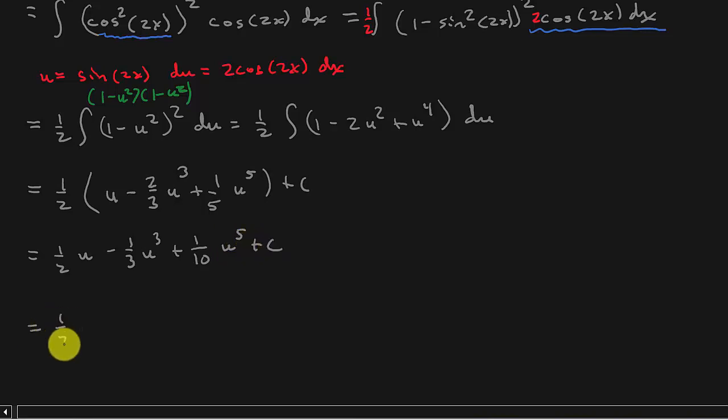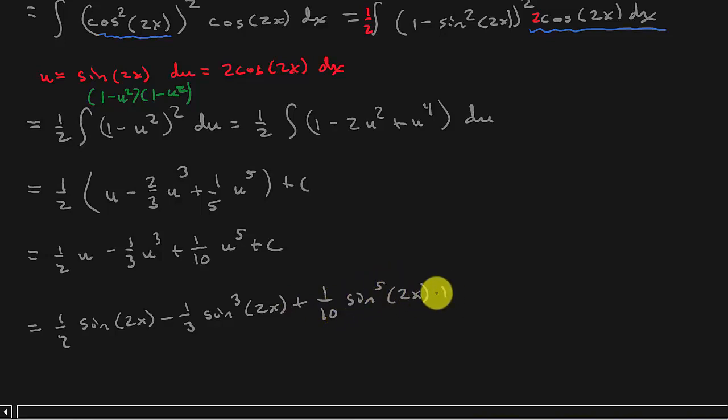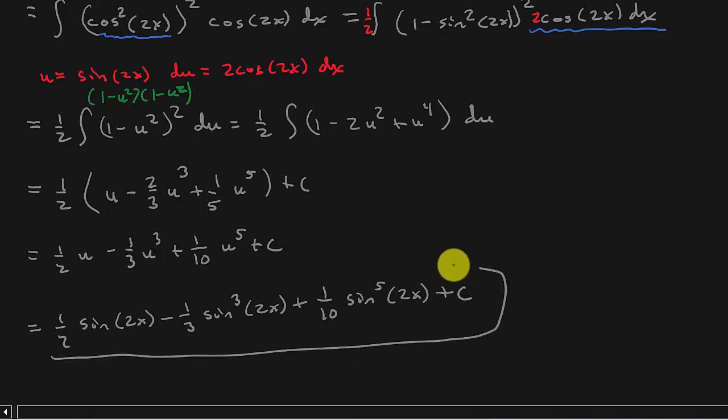And so that's going to give me 1/2 sine 2x minus 1/3 sine cubed 2x plus 1/10 sine to the 5th 2x plus c. And there is your answer.